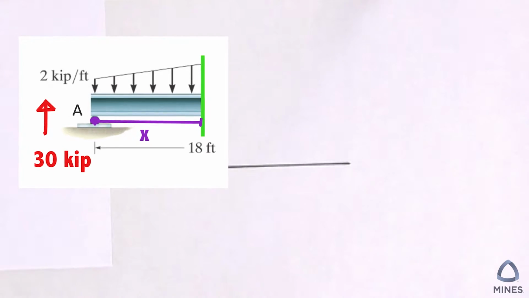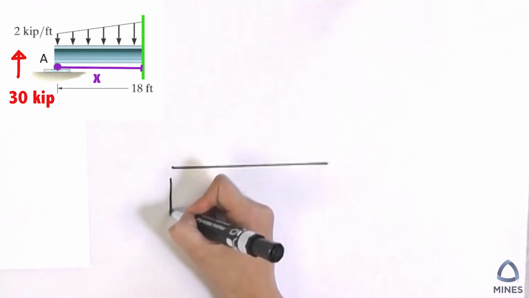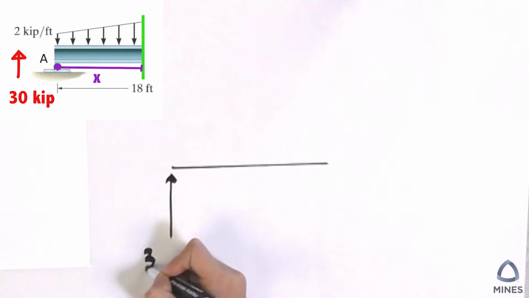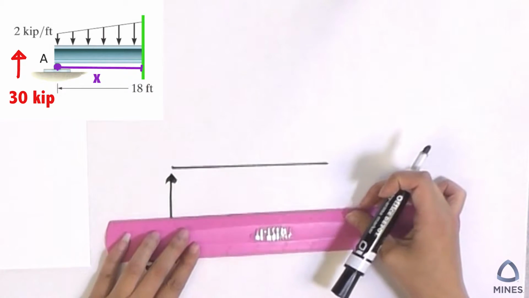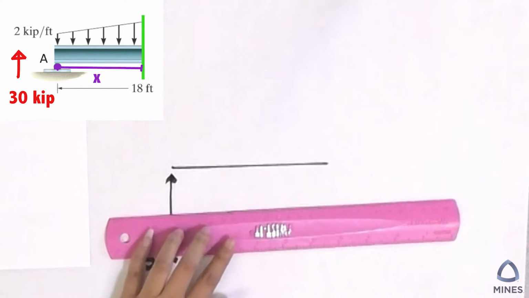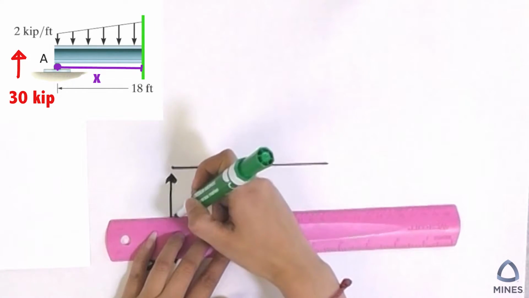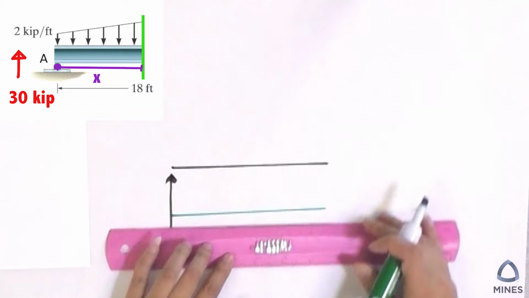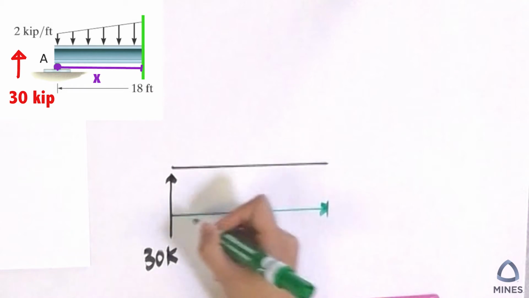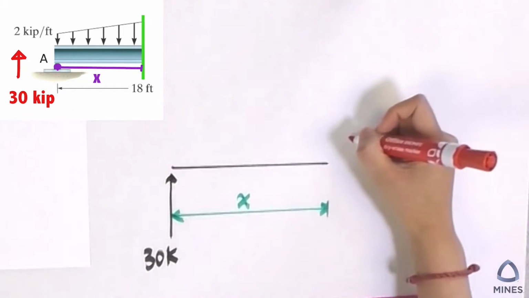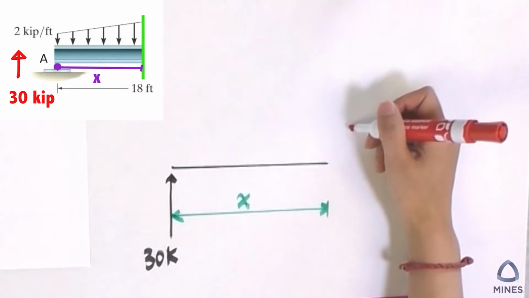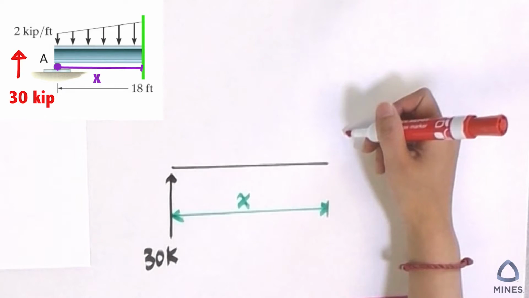So we can see we have the reaction force 30 kips going up at A. And what is the length for the FBD you drew? It's going to be X. At the cutting location, you are going to release some internal forces: shear force, normal force, and bending moment.